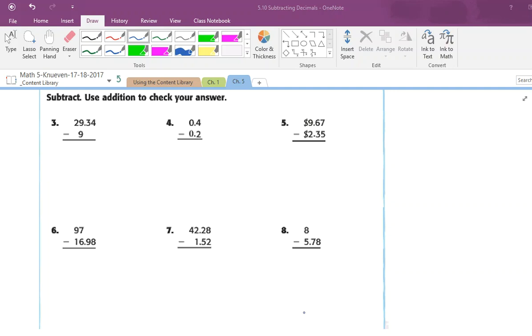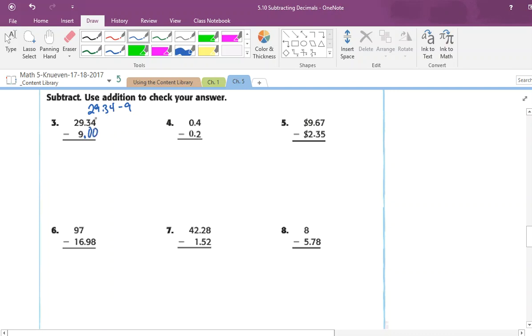So when I have 29.34 minus 9, we would probably see that initially as 29.34 minus 9, and so you'd have to write it out, but doing so you need to line up your place values, which we did line up our 1's place, but we need to annex some zeros.